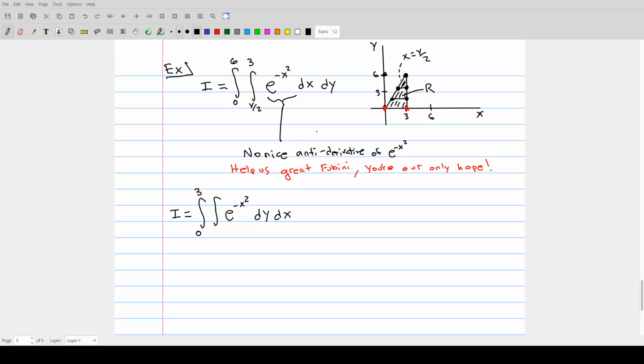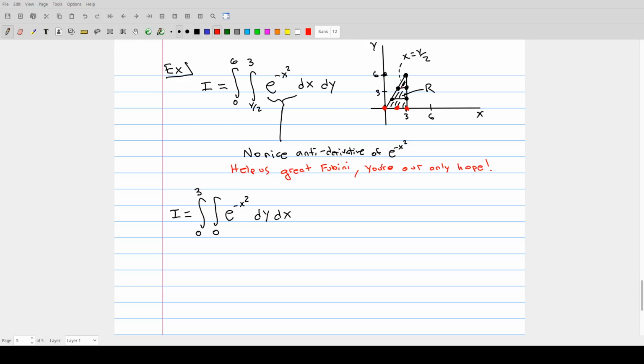And then what we need to do is look at how the y coordinate changes with respect to x. And it should be relatively apparent that the lower bound for y is exactly given right here. At any point, it's equal to 0. So our lower bound for y is 0. But our upper bound for y is changing.